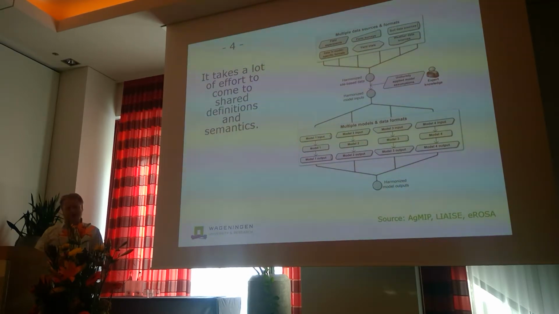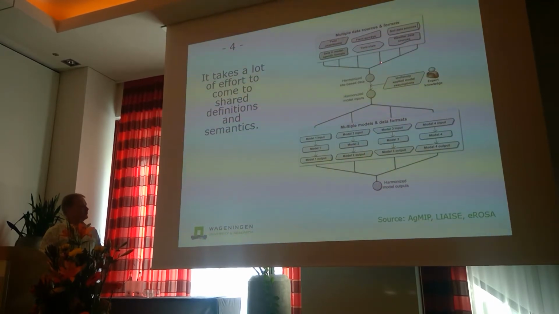But then all of these models have different inputs, of course. So at some point you have to combine all the data you have into some common format and provide some additional.